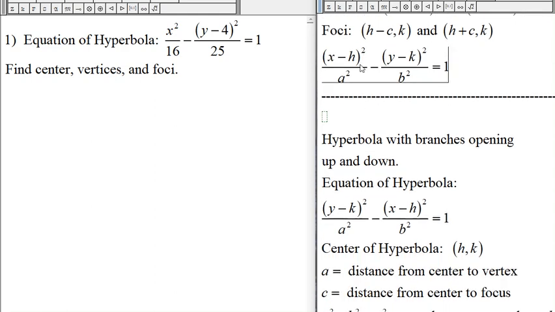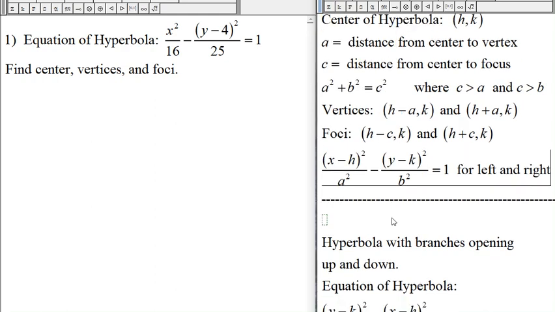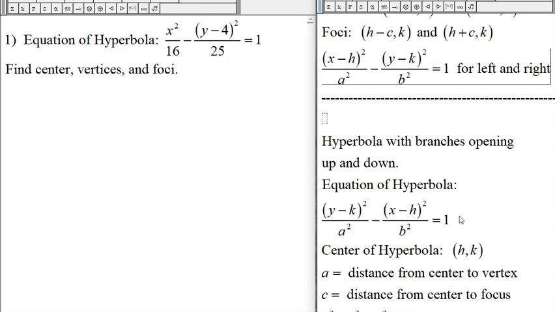So this equation is for branches left and right. And this equation is for branches up and down.